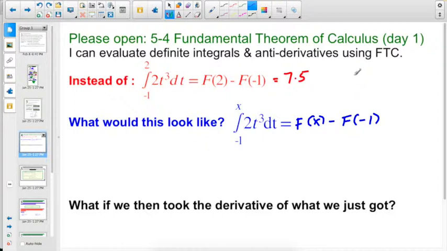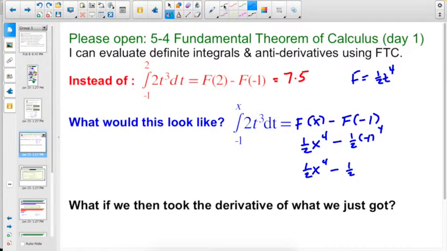And so we know that the antiderivative is 1/2 t to the 4th. And so if we put in an x, we have 1/2 x to the 4th minus 1/2 negative 1 to the 4th. And so we end up having 1/2 x to the 4th minus, and evaluating this, we get 1/2.